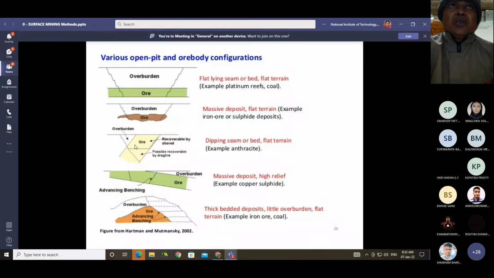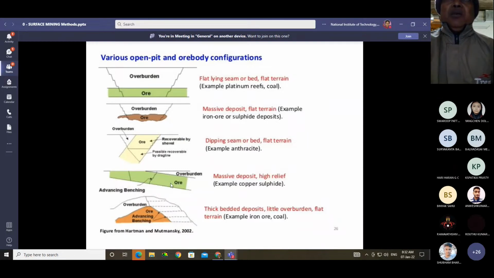On the left side, the white portion is the overburden, and this is recoverable by shovel mining, and possibly recoverable by dragline. This triangle area can be taken by the dragline. So this is an example of an inclined deposit.